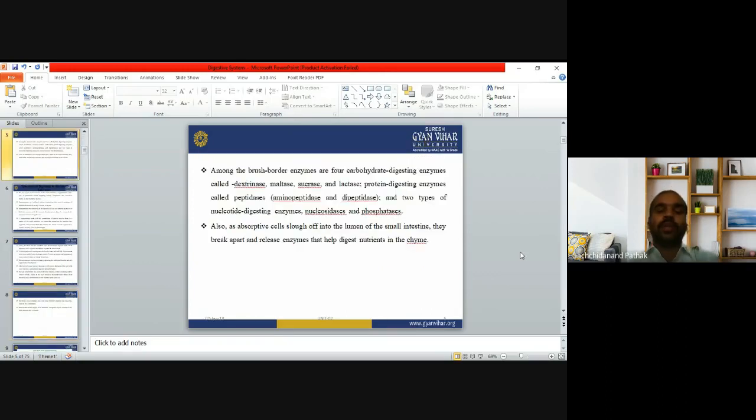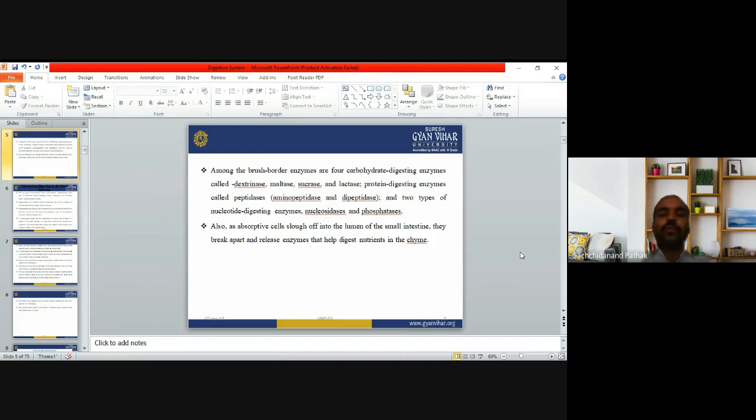Among the brush border enzymes are four carbohydrate digestive enzymes: dextrinase, maltase, sucrase, and lactase.